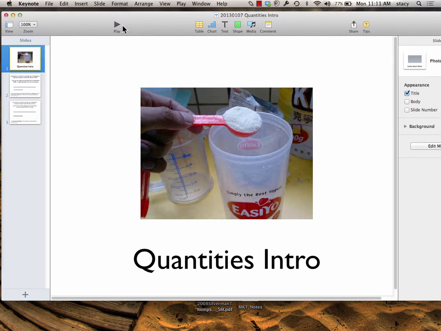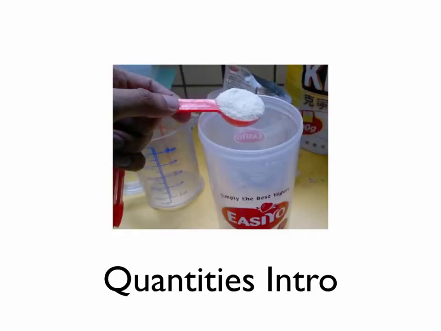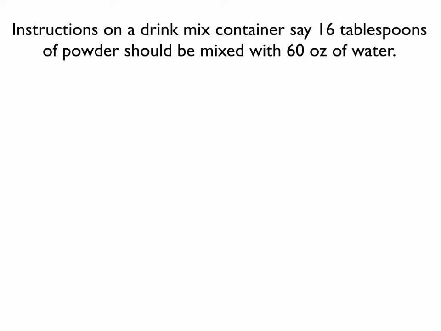We are instead going to focus on the most important fundamental element of calculus, which is the notion of quantity, okay? So let's talk about what quantities are really fast. And we're going to do that via example, okay? So let's pretend that you have an instruction on a drink mix.